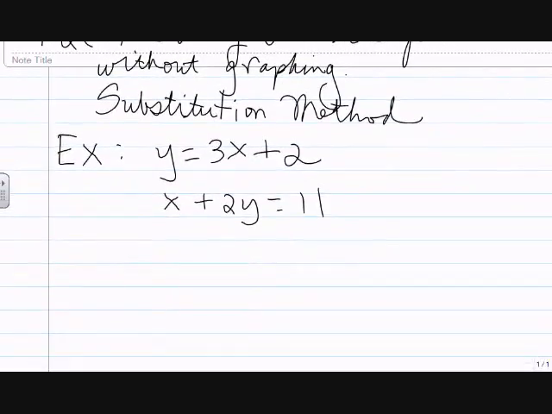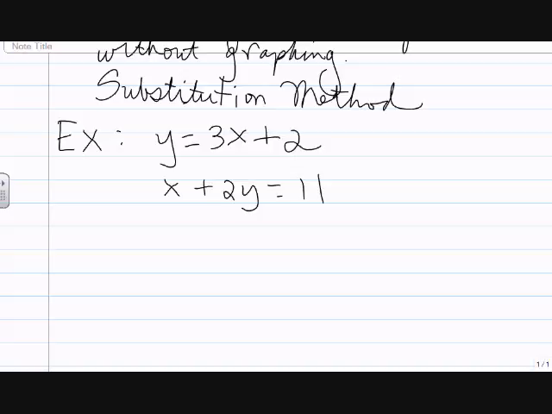So we'll use this algebraic method called substitution. This first line reads, y equals 3x plus 2. You can also think of that as y is the same thing as 3x plus 2. So y can be substituted for 3x plus 2.